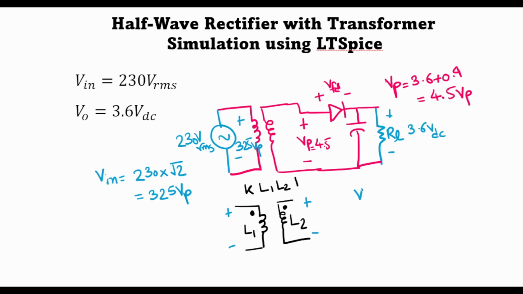Now we know that the ratio of the secondary voltage and the primary voltage in a transformer is simply the ratio of the number of turns. But in LTSpice, we model transformers using inductances and not using the number of turns. So that's why we need to express this in terms of the primary and secondary inductance.